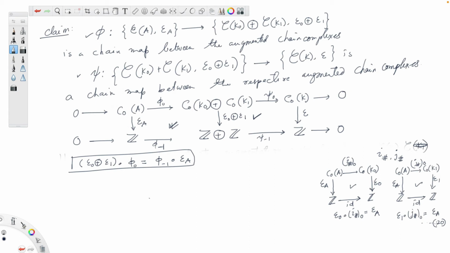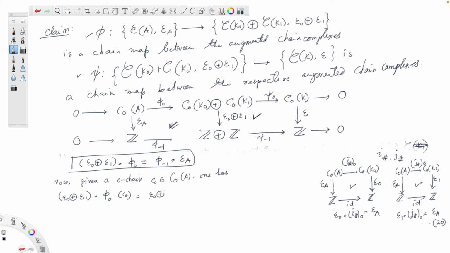Okay, now given a zero chain c0 in C0 of A, one has epsilon 0 direct sum epsilon 1 composed with phi 0, and this composed map is acting on c0, and what does it give us?